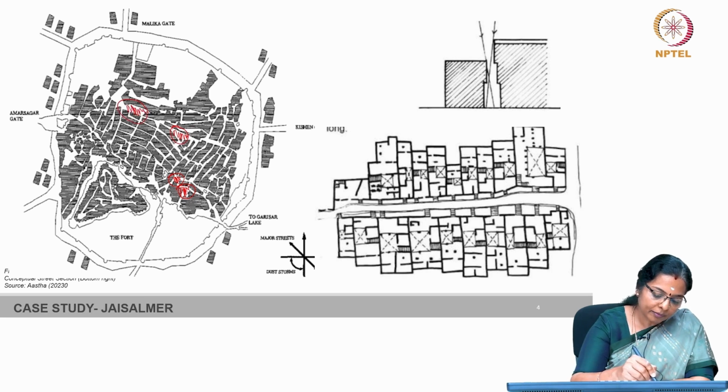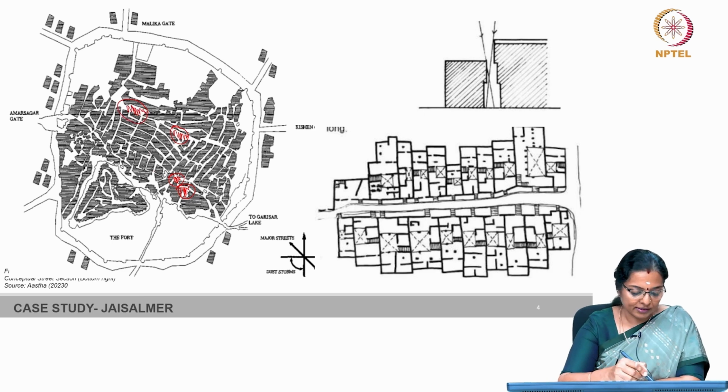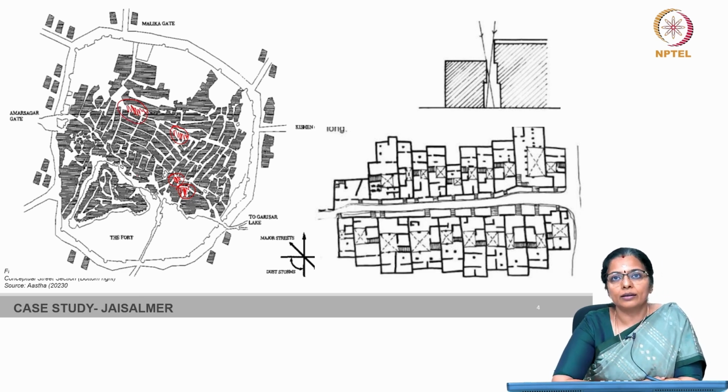So, there are these open spaces which form like community hubs. House planning and design in Jaisalmer feature courtyard layouts with underground levels. What underground levels do is for another day.